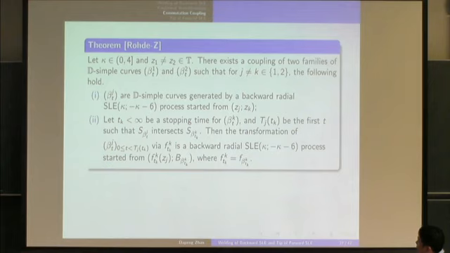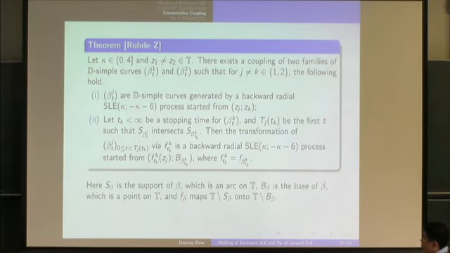Second, if Tk is a finite stopping time for beta_kt, and if Tj of Tk is the first t so that the support of beta_jt intersects the support of beta_kTk, then the transformation of the family beta_jt up to Tj of Tk via the map F_kTk is a backward radial SLE kappa minus 6 process starting from F_kTk of Zj and B of beta_kTk, where F_kTk equals F associated with beta_kTk. Here, S of beta is the support of beta, which is an arc on the circle. B of beta is the base of beta, which is a point on the unit circle.